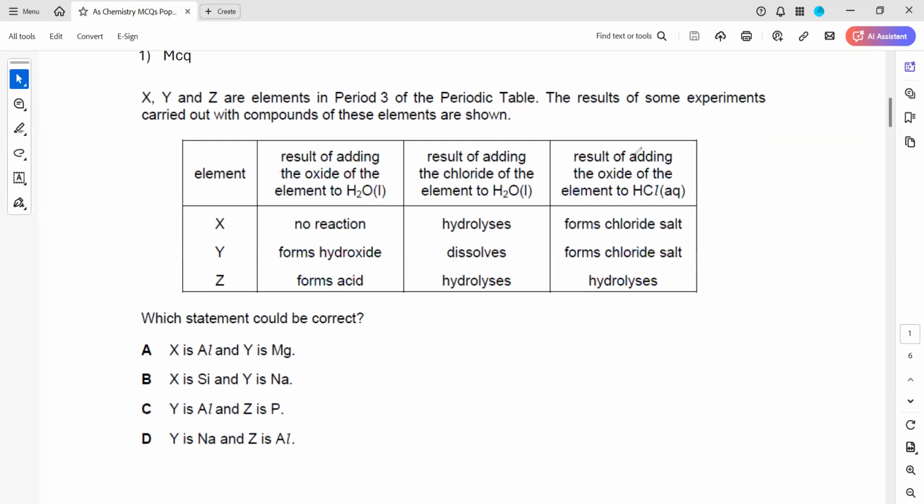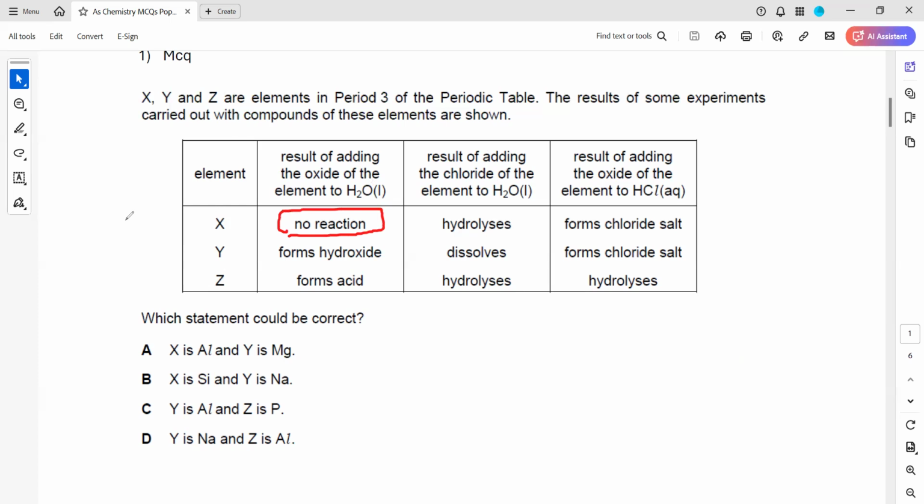Now the last part, the result of adding an oxide to hydrochloric acid. The first thing we identify is no reaction.